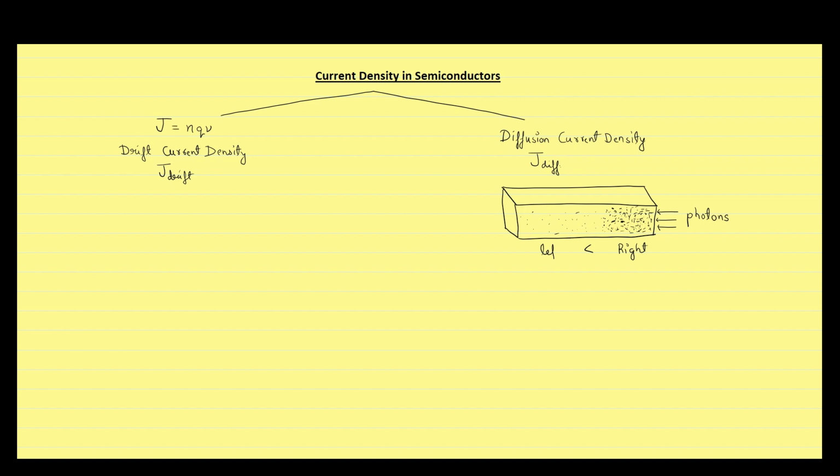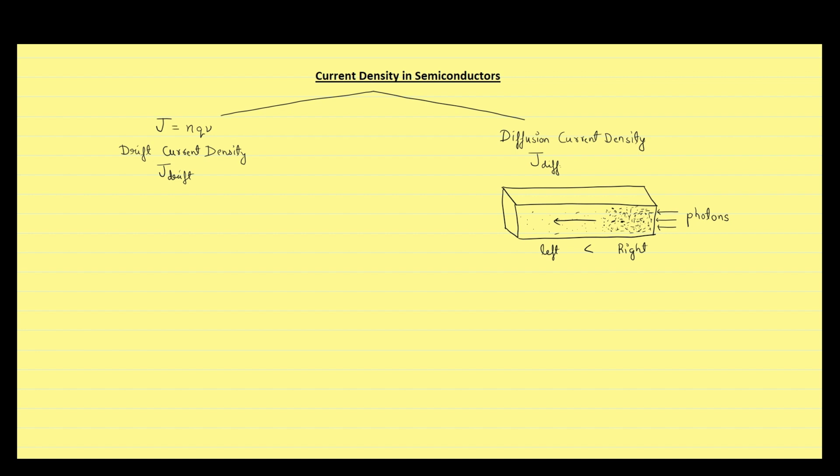However, these charge carriers will not be stable at that moment, since the concentration of charge carriers at the right end is greater than the left end. Then these carriers will try to move in the left direction, trying to balance concentration of charge carriers in the semiconductor. This movement of charge carriers results in diffusion current, and such type of current density is referred to as diffusion current density. We will talk about diffusion current density in the next lecture. In this lecture, we will focus only on drift current density.